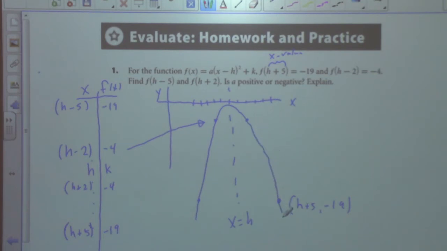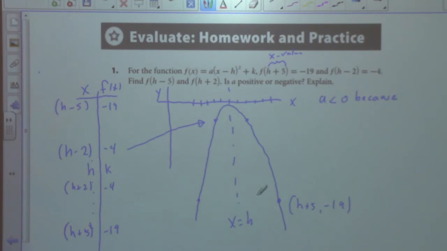Do we know if k is positive or not? No, we don't. Do we need to know? So what about a? Is a positive or negative? Okay, a is less than 0 because the graph opens downward. And Gabby's right.